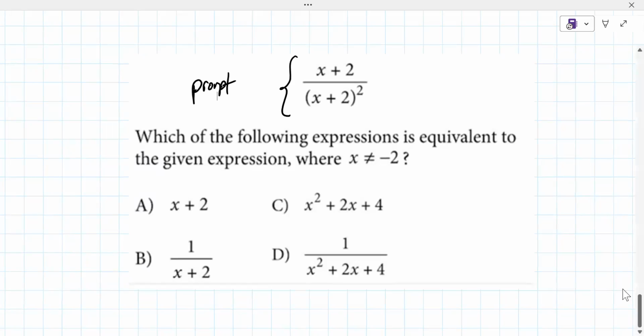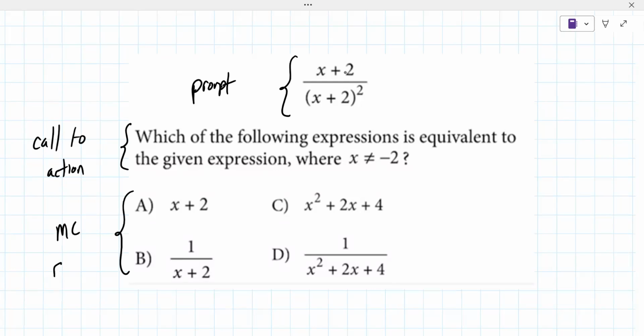And the prompt could be an equation, a graph, a table, or words. The next part is what I call a call to action. That's where you're going to do stuff. And then it's either a multiple choice or a free response section. But there's always these three elements.